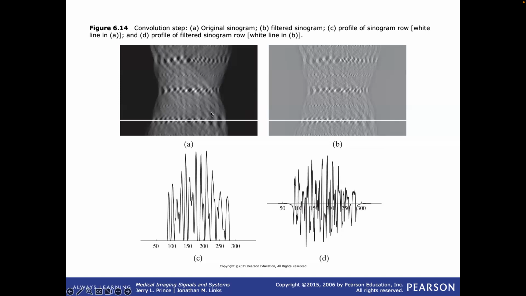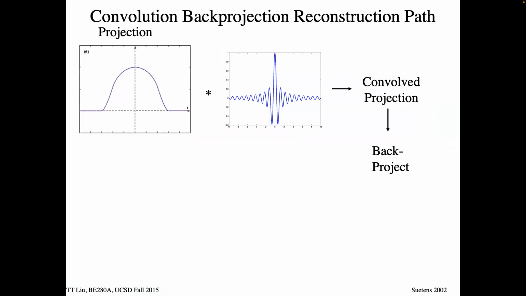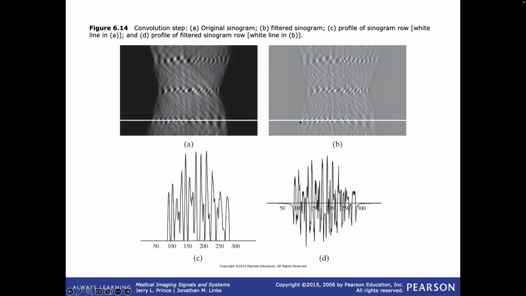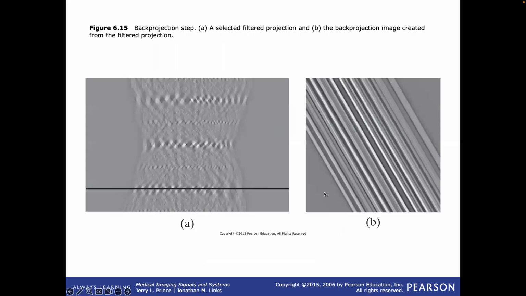When I convolve it with this, it produces this new filtered sinogram. Now, as you can see, it has a mean value of 0, and it goes positive and negative. These are the things I'm going to back project.